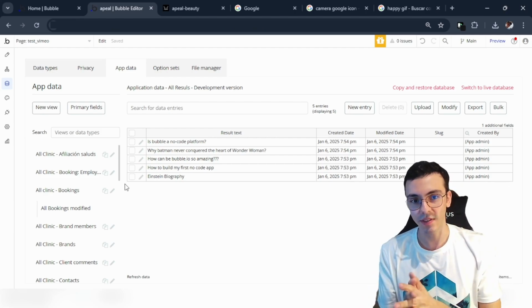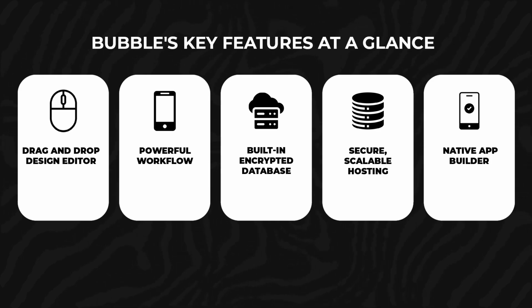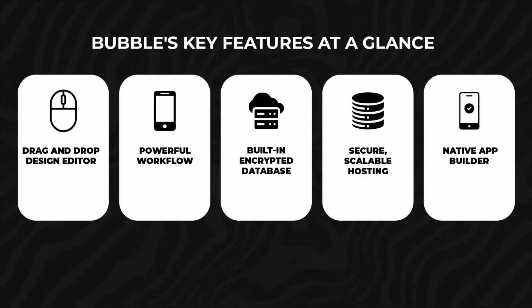And the fifth main feature is something that, depending on when you see this video, is going to be already available or soon to be launched. It is something that we as Bubble developers were waiting a lot for, and it is the Bubble Native App Builder.